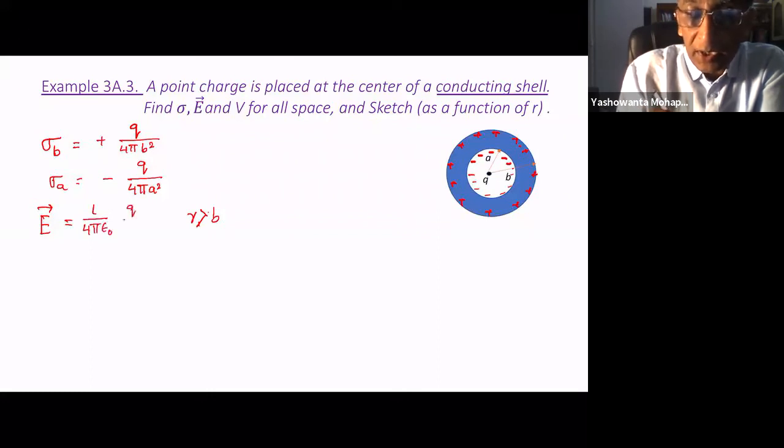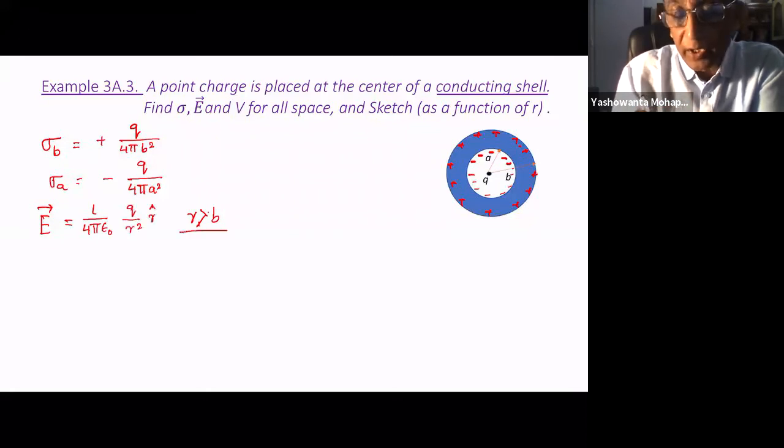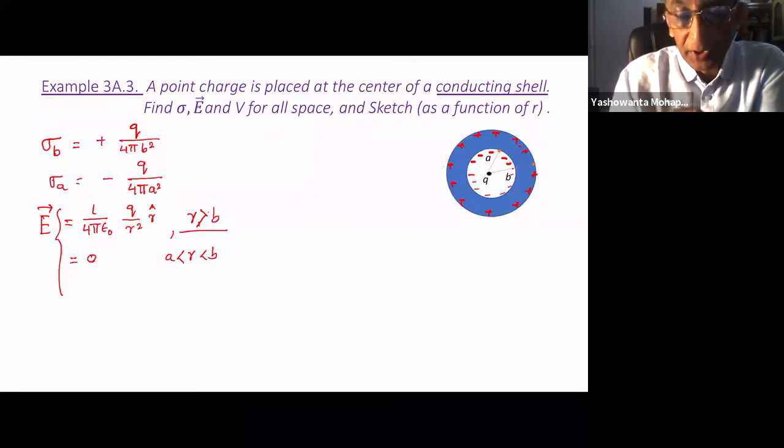So this is of course 1 by 4 pi epsilon naught, Q by R square, R hat, for R greater than B. And for R less than B but greater than A, that's of course the conductor, so that is 0.